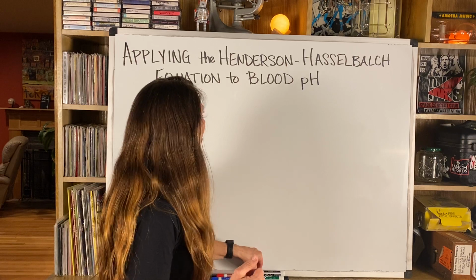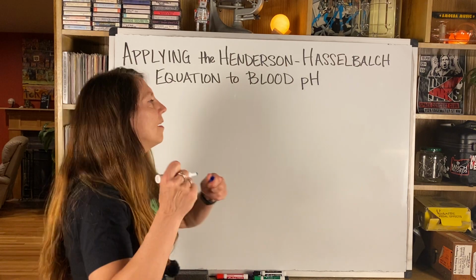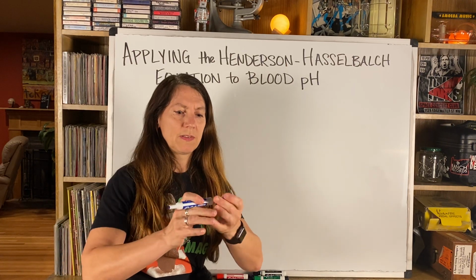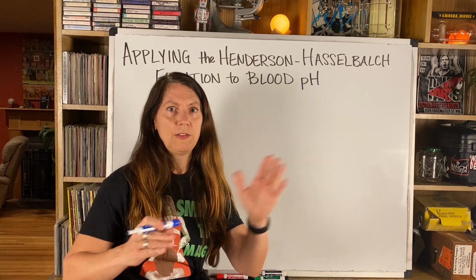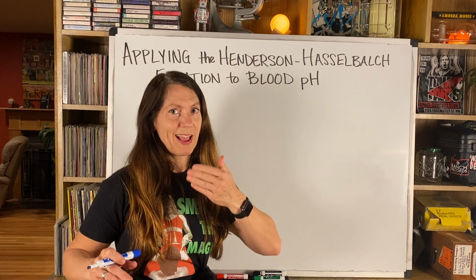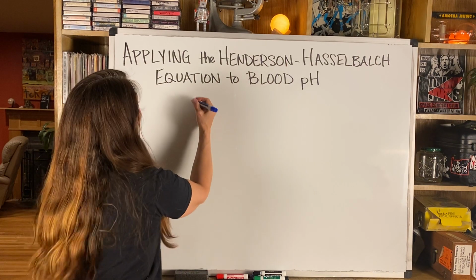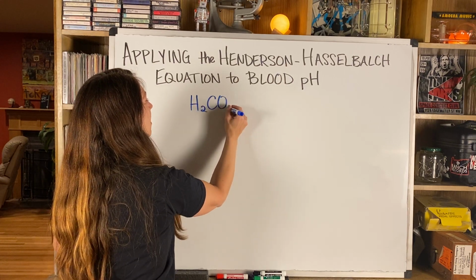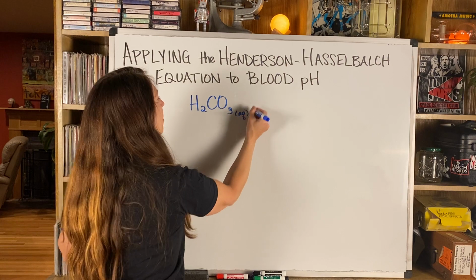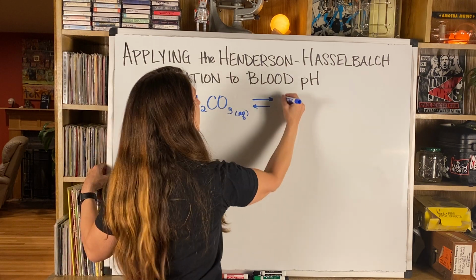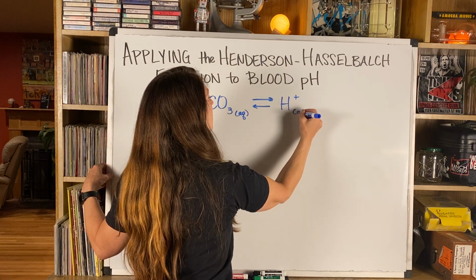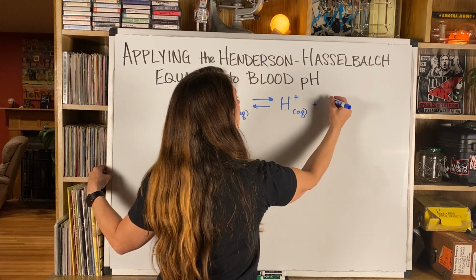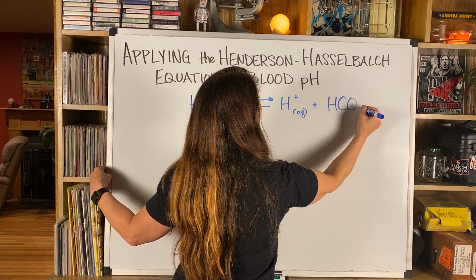Okay, so in terms of bicarbonate and its conjugate acid, carbonic acid. Let's look at this equation here where we consider carbonic acid in equilibrium with hydrogen ions, losing that hydrogen ion, and bicarbonate.